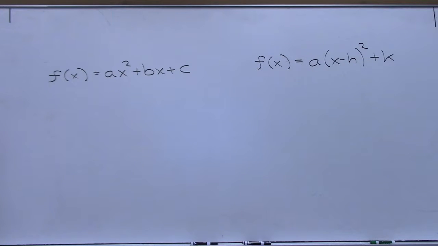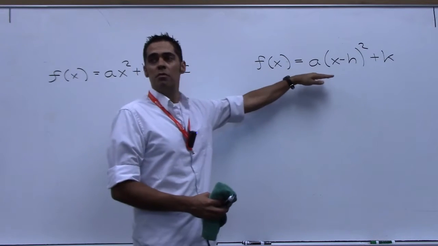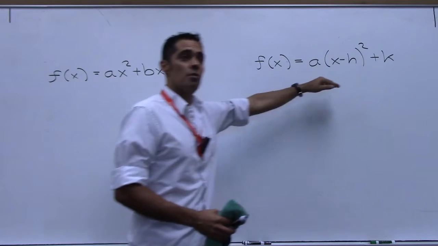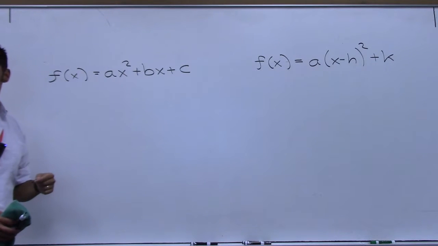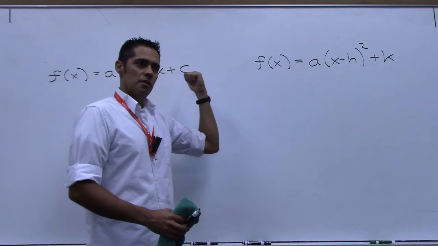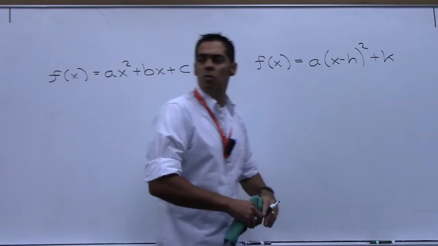And there is a way that you can go from expanded form to standard form. There is a way that you can go from standard form to expanded form. It's usually easier to go from here to here, because all you have to do is actually square out what this is. So we'll talk more about this.